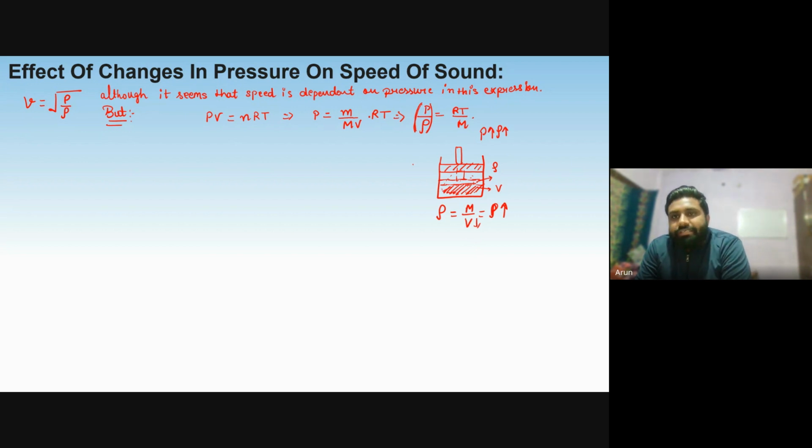But if you change the temperature here, this complete value of P upon rho will change. So we can say that this fraction depends completely on temperature.